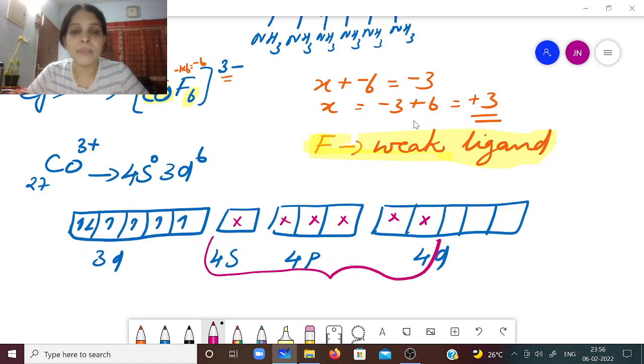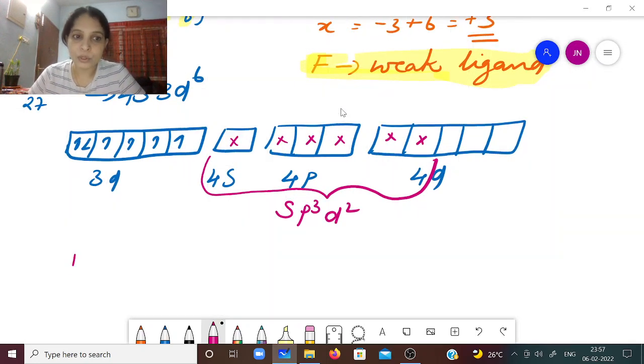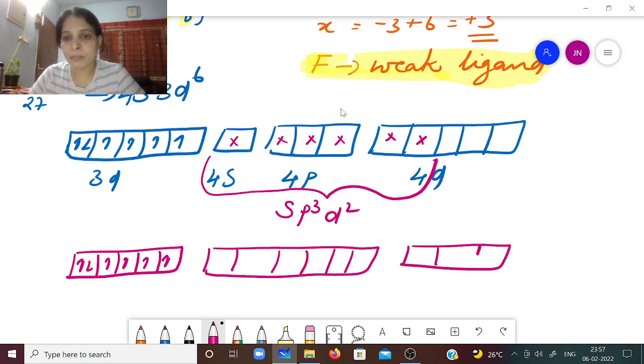So what will you get? sp3d2. This is the hybridization now. It is slightly different from the hybridization we have studied. Once again I will draw this. These are the electrons present here. Now 6 orbitals will be hybridized, sp3d2, and the rest 3 orbitals coming in 4d are not useful here.